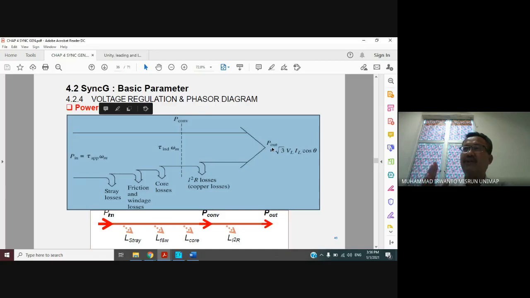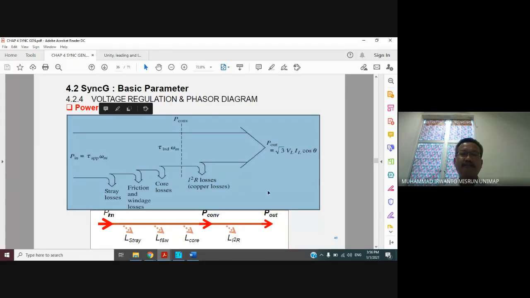The phase voltage is equal to line voltage divided by square root of 3. Meaning VL is equal to square root of 3 multiplied by V phase. So this formulation becomes P out equal to 3 V phase IL cos theta.